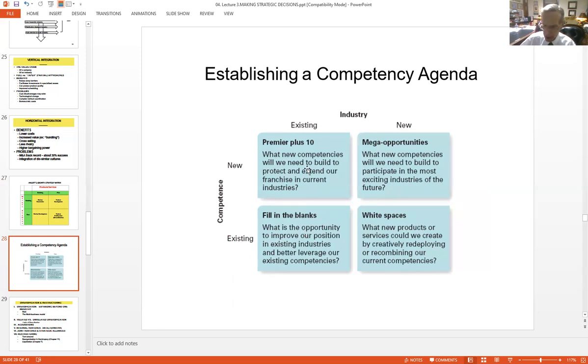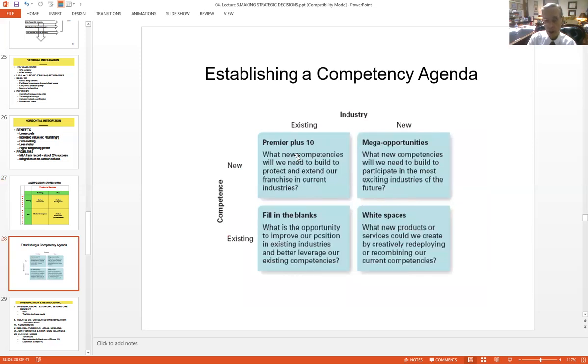On the other hand, it may be that in order to compete in this industry, we have to develop entirely new competences. And so Toyota developed the Prius, the hybrid car, part electric, part internal combustion engine. Today, this is where the action is in the auto industry, right? Trying to come up with electric cars and self-driving cars.